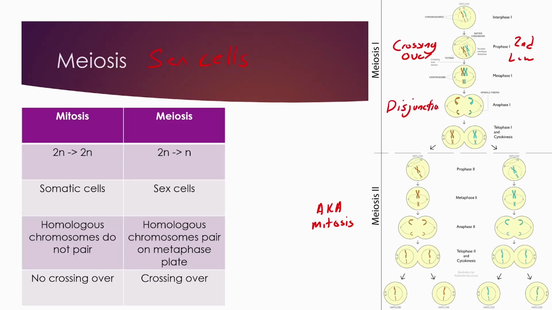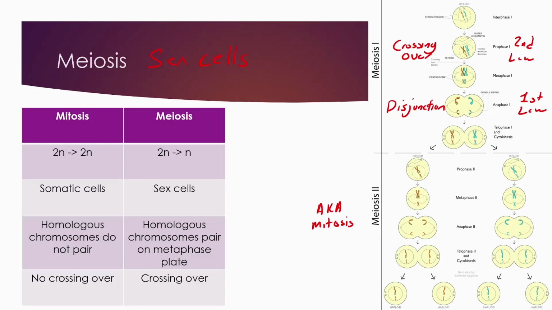And this is the first law. During disjunction, each chromosome of paternal origin separates from its homologue of maternal origin, and each chromosome can end up in either daughter cell. This separation of the two homologous chromosomes is also referred to as segregation.